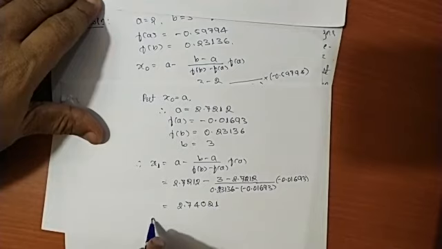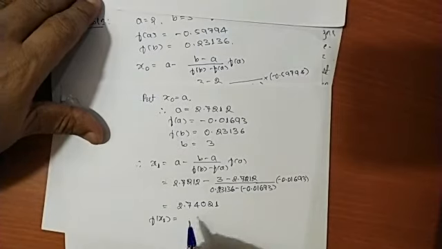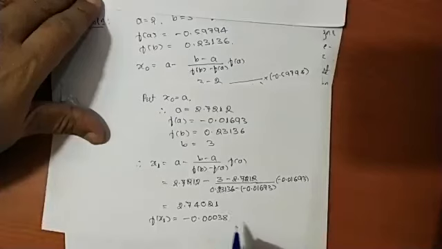And what is f of x1? f of x1 will be equal to minus 0.3038. So it is negative, that is less than 0.